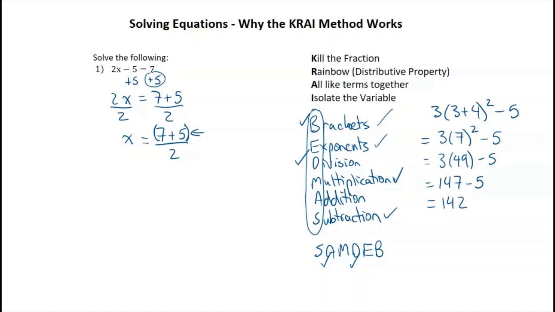So by using the last 2 steps of KRAI, we got all the like terms together by adding, and then we isolated the variable by dividing. So we did SAMDEB. That's just the first example. The other 2 get more of the steps of SAMDEB. So let's look at the next example.